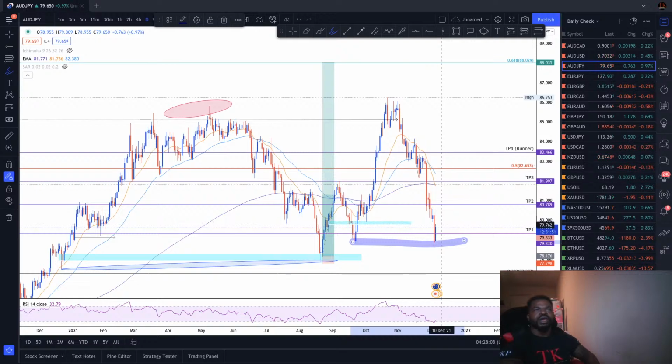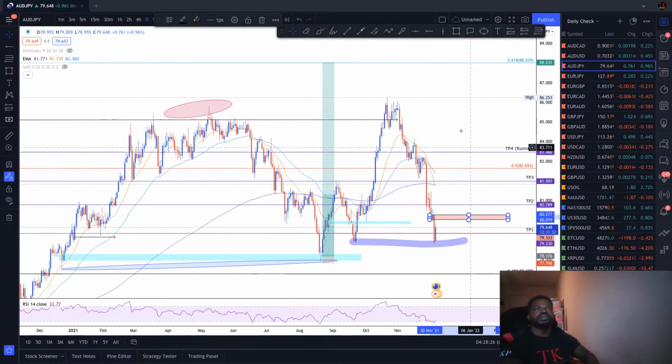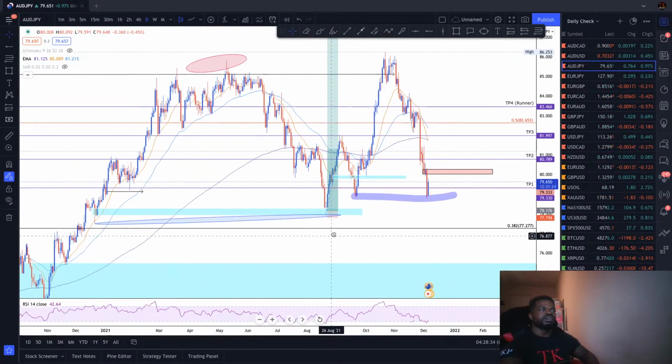So depending on what happens today, there's a chance we could see a pullback to this move, and if price fails to break above this area, this could be a potential sell area. But if not, we could see the highs retested, if not broken.